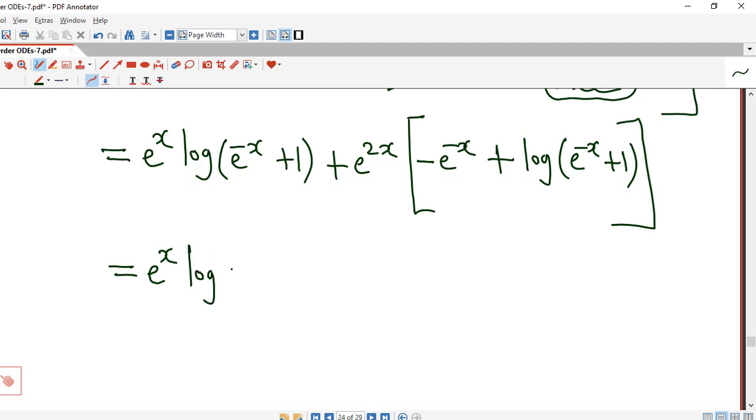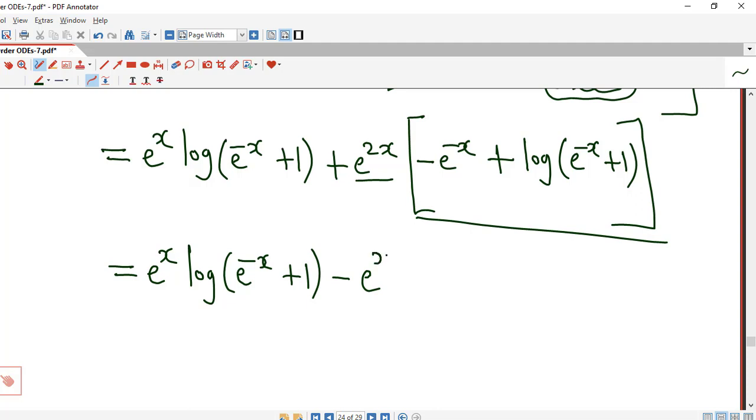This is as it is, e raised to x times logarithm of e raised to minus x plus 1. Here we multiply e raised to 2x with this bracket, so we have minus e raised to 2x into e raised to minus x, which is e raised to 2x minus x, and plus e raised to 2x times logarithm of e raised to minus x plus 1.